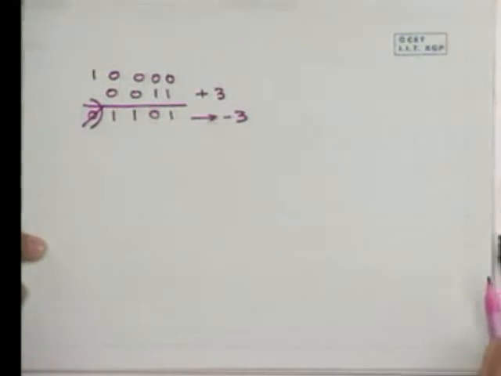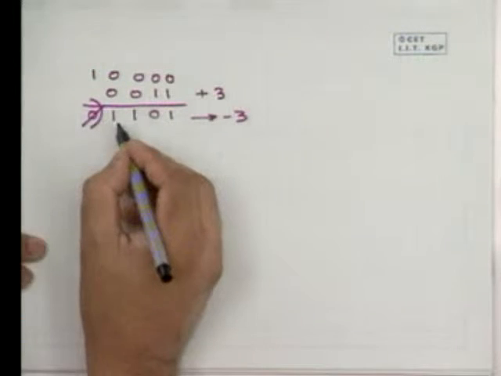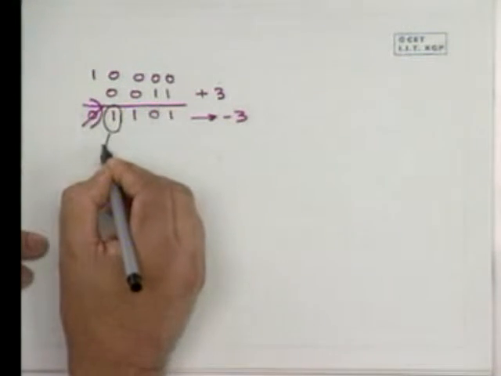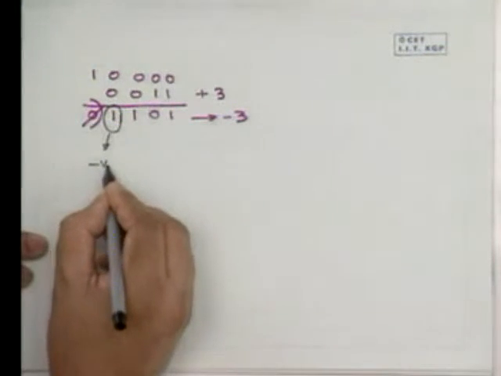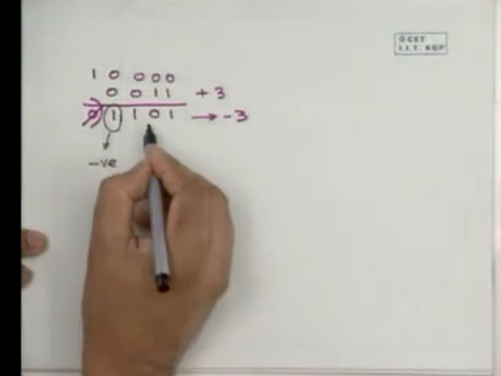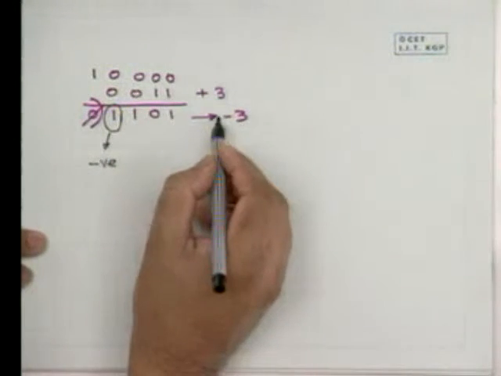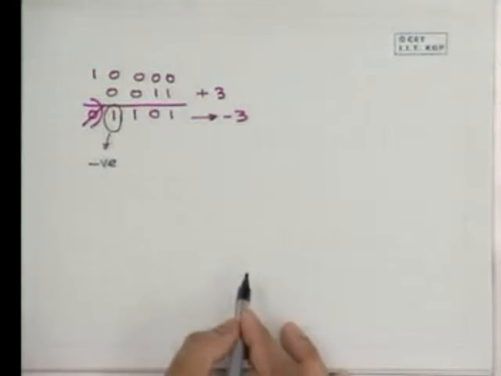Now, if we examine this, we see that the sign bit is represented by 1 to say that it's negative, and this total thing represents minus 3 in 2's complement form, okay.